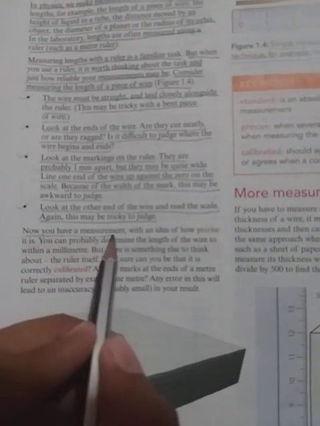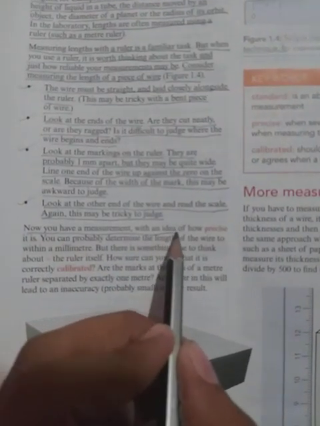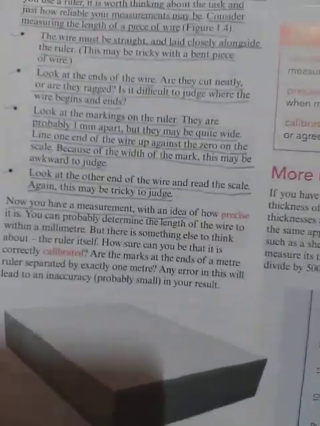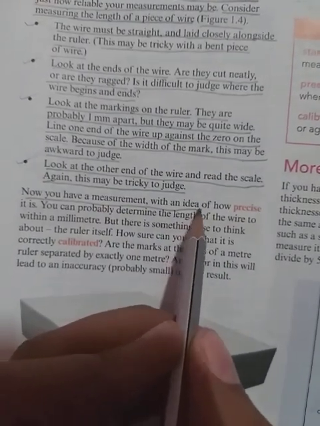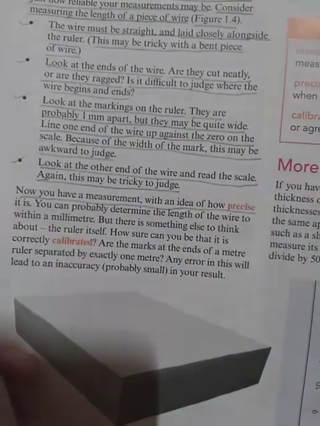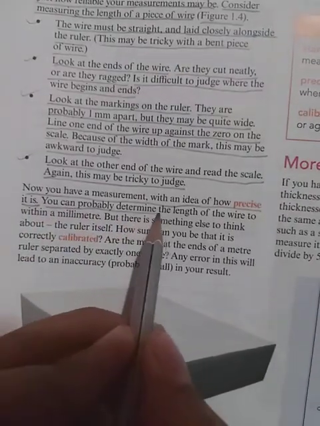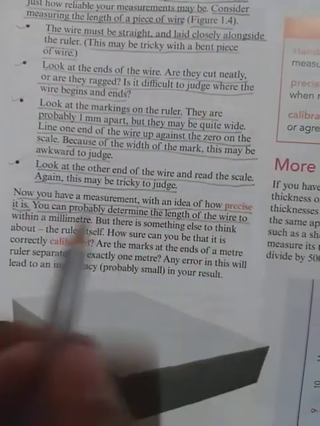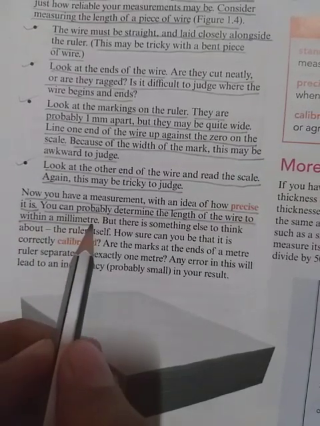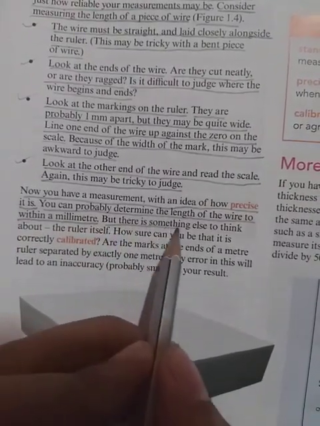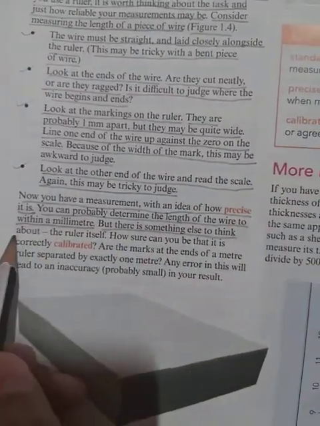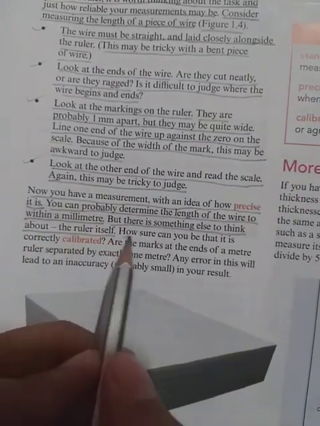Now you have a measurement with an idea of how precise it is. You can probably determine the length of the wire to within a millimeter, but there is something else to think about: the ruler itself.